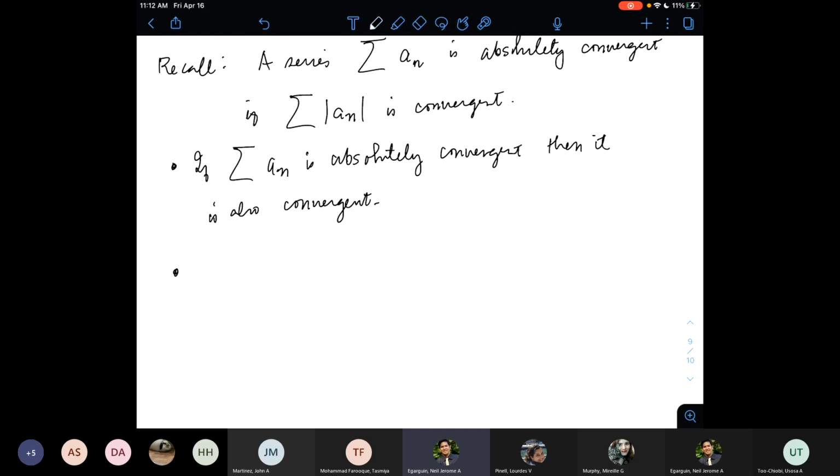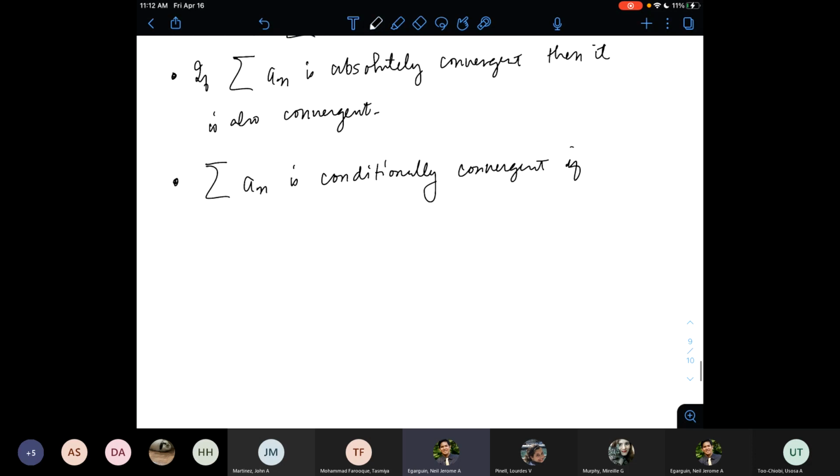Now we say that the series a_n is conditionally convergent if it is convergent, but the series with the absolute value is divergent. I know that you were given a lot of problems to check whether a given series is absolutely convergent, conditionally convergent, or divergent.